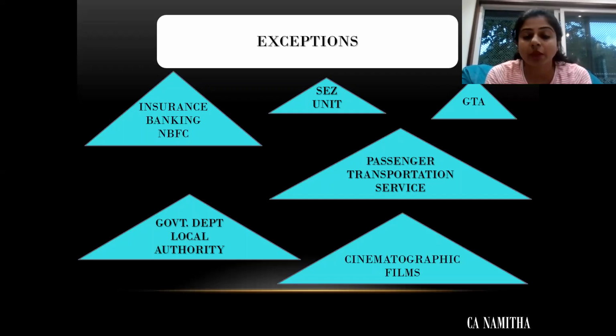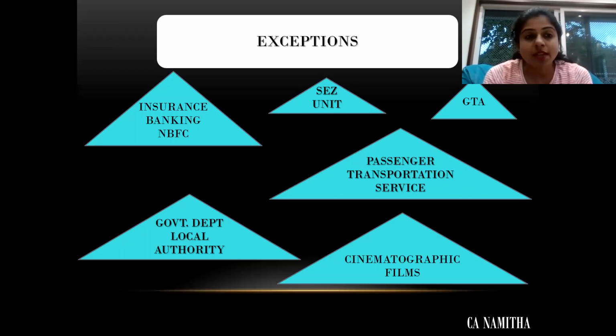It is not applicable on the goods transport agency. A registered person who is supplying passenger transportation services, it is not applicable to them as well. It is not applicable to government departments or local authorities.